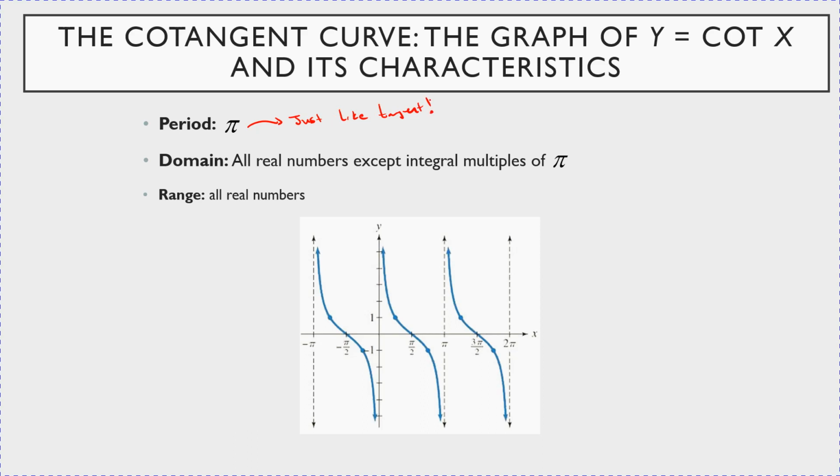The domain is all real numbers except integer multiples of pi. That didn't mean integral, integer. A little bit of a typo there. Sorry about that typo. And then the range here, because it's butting up against the asymptotes on each side, going up to positive infinity and down to negative infinity, the range is all real numbers.